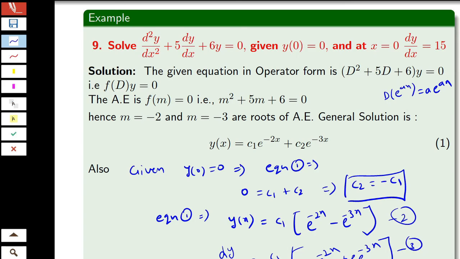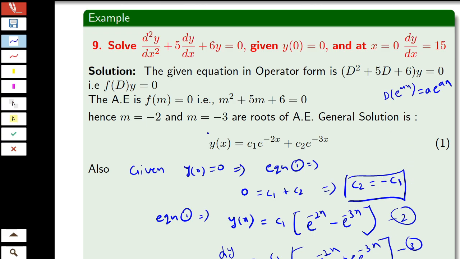The right-hand side, c1, with x = 0 substituted, e^0 is 1, and −2 + 3 means 1. Here we get c1 as 15, and c2 is −c1, which means −15.